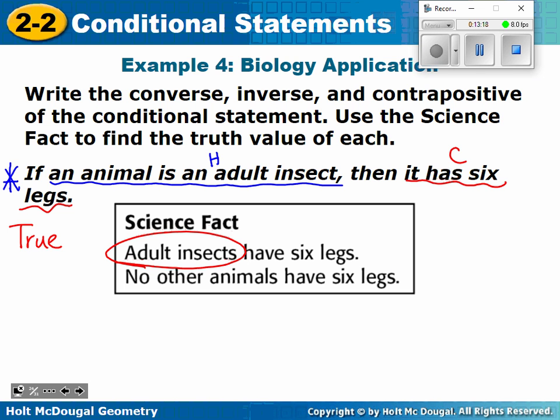That's true, right? Okay, so now notice it changed back to true. This is always the case. If it starts out true, the contrapositive will be true. These two statements will always have the same truth value. Your conditional and your contrapositive will always have the same truth value.